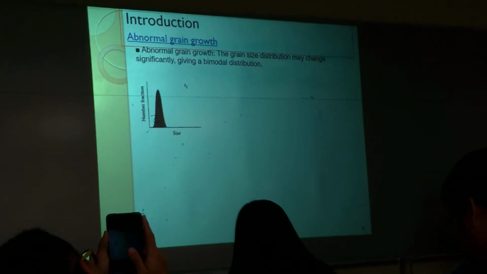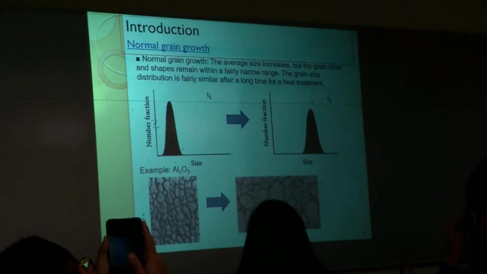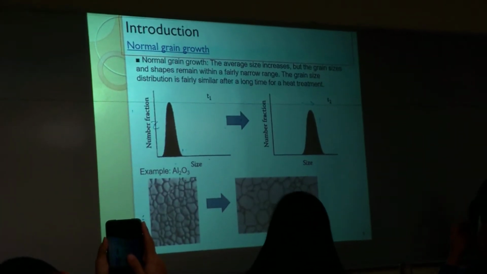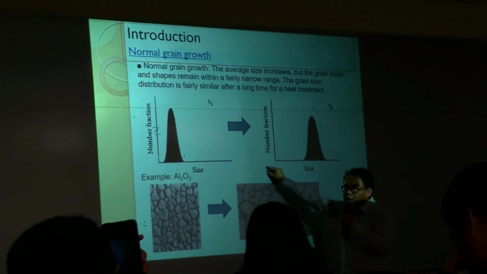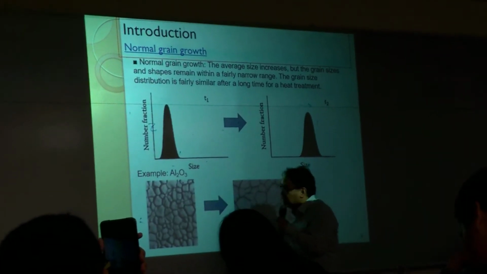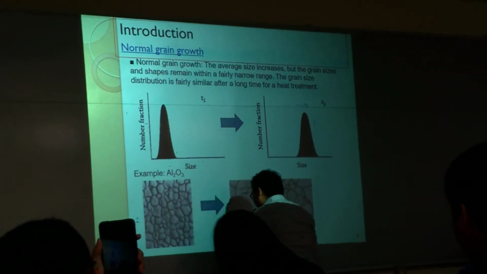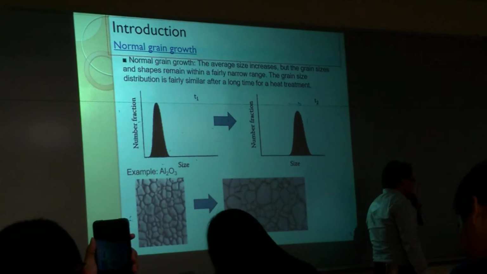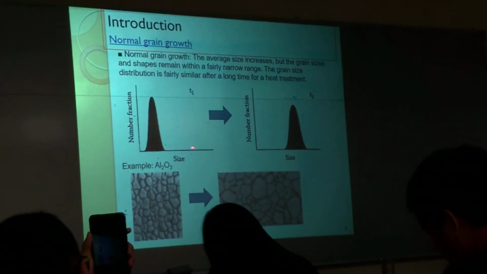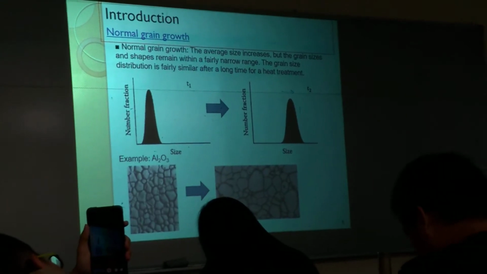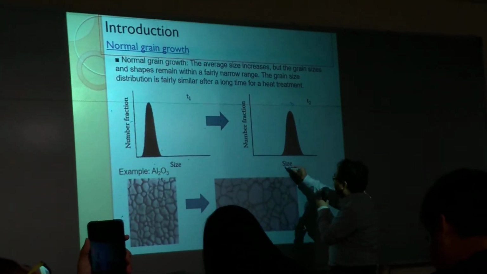For normal grain growth, do you remember the distribution is very narrow through the whole sintering process? So we call it the normal distribution, normal grain growth. Another definition is that the largest grain size needs to be close to the average grain size.